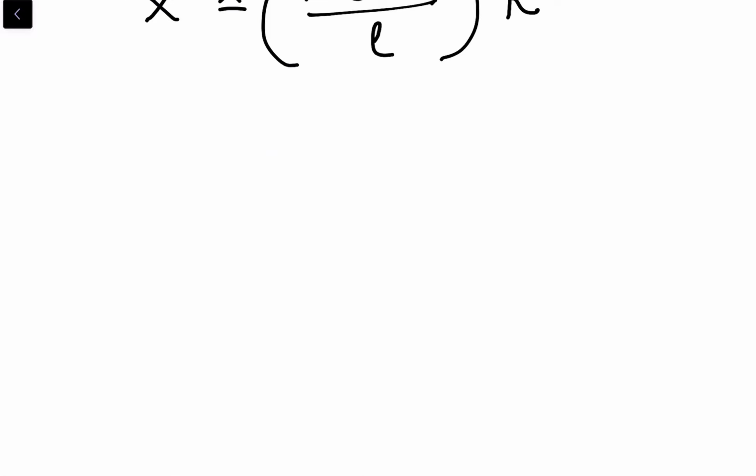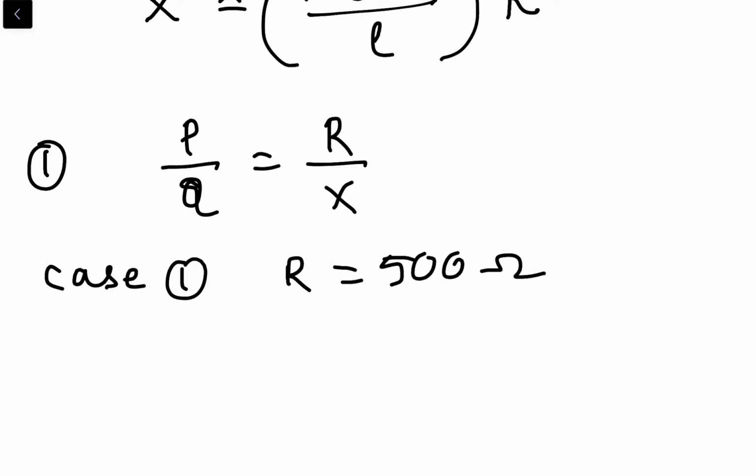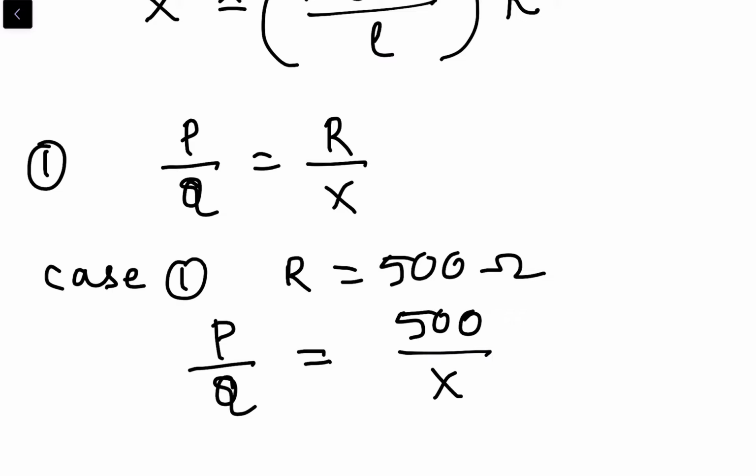For the balancing condition we all know P by Q is equal to R by X. Now case 1, they have given R is equal to 500 ohms. In that case, we don't know P and Q. P by Q is equal to 500 divided by X. Let it be equation number 1.